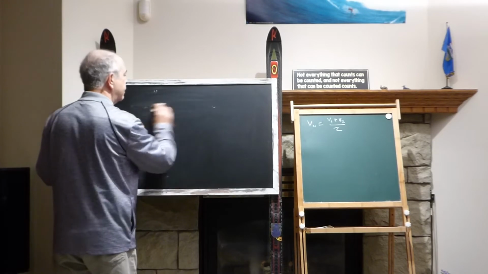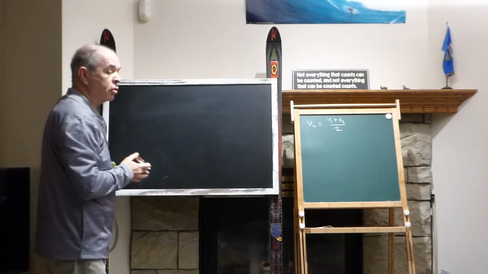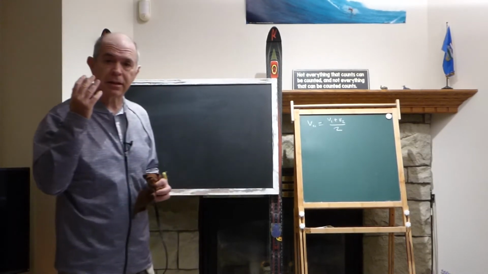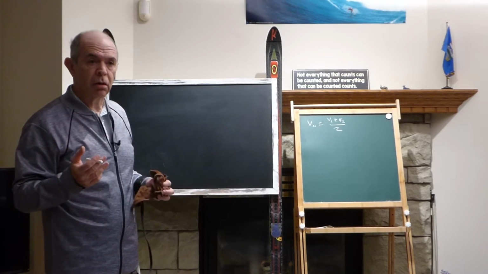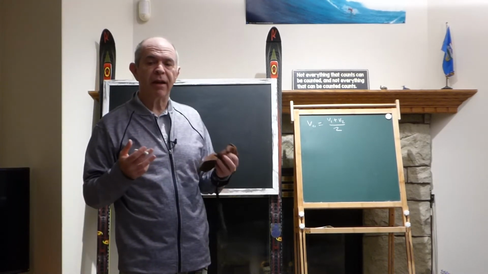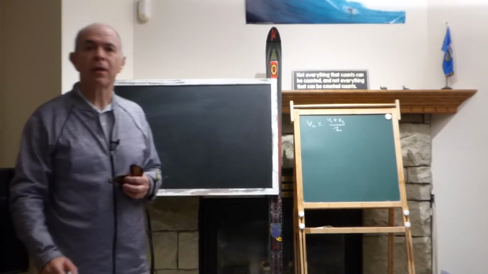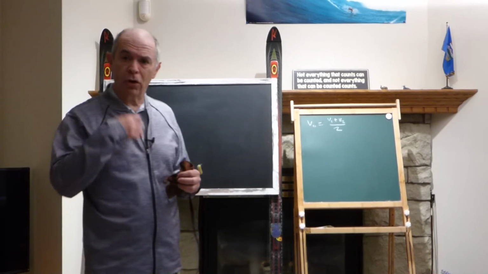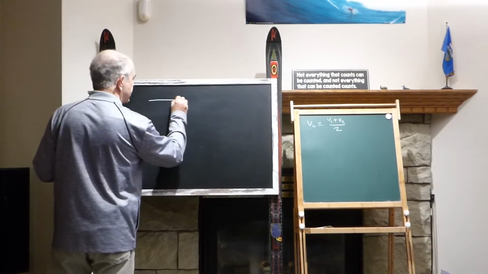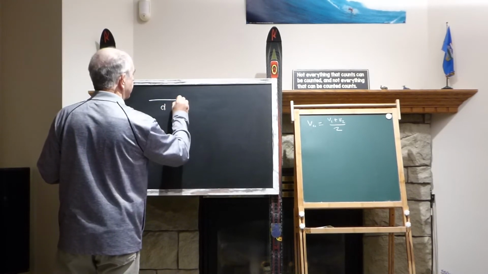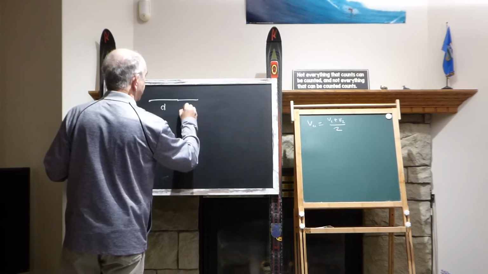But the second part of the problem deals with the situation when it covers the first part, which is d divided into 2. And then exactly the same, d divided into 2, half of the distance is covered on the second part. So, let's draw this picture. This is d, and this is d as well.